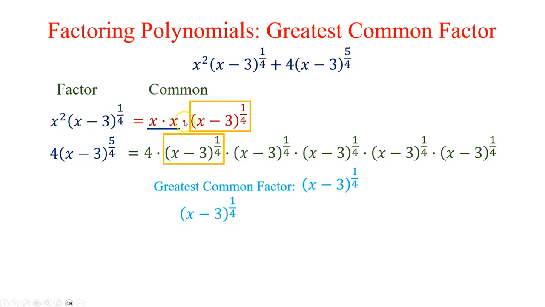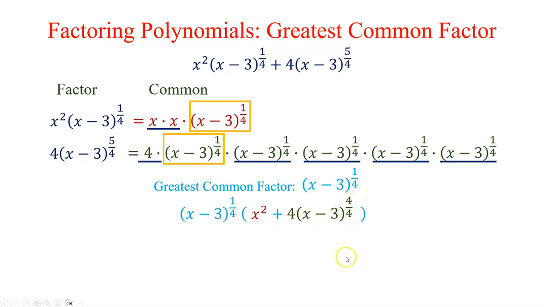Well, in my first expression, I'll have x times x, which would give me my x squared. While in the second term, I've got a 4 and I've got an x minus 3 to the 1/4, 4 separate times. So there's 1/4, 2/4, 3/4, and 4/4. 4 times x minus 3 to the 4/4. But of course, 4/4 is the same thing as 1.